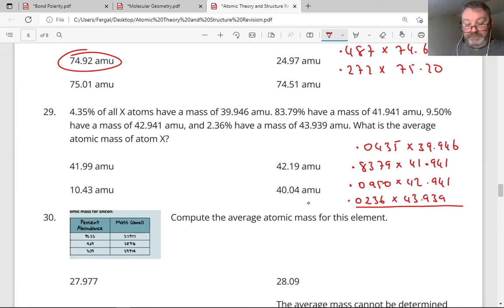Let's try it again. Right. 0.0435 multiplied by 39.946 plus, now I forgot to put my brackets in, I think, 0.8379 multiplied by 41.941 plus 0.095 multiplied by 42.941, and finally plus 0.0236 multiplied by 43.939, and we get an answer of 41.99, which is exactly that one.